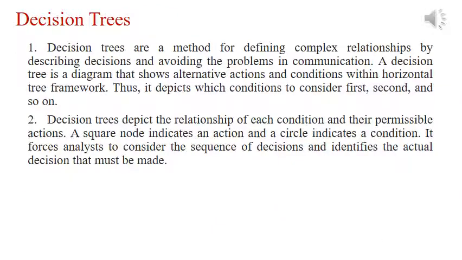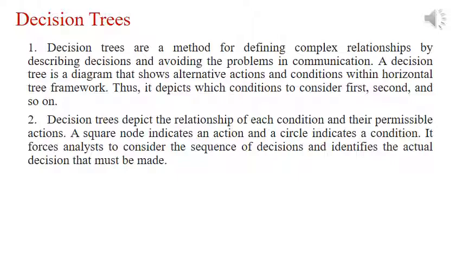Decision trees. Decision trees are a method for defining complex relationships by describing decisions and avoiding problems in communication. A decision tree is a diagram that shows alternative actions and conditions within a horizontal tree framework. Thus, it depicts which condition to consider first, second, and so on.